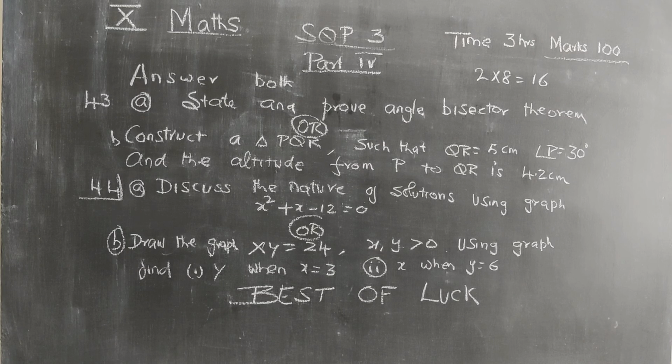Discuss the nature of solution using graph x square plus x minus 12 equal to 0, or draw the graph xy equal to 24, x comma y greater than 0. Using graph find y when x equal to 3 and x when y equal to 6.